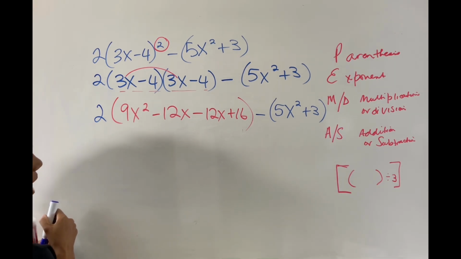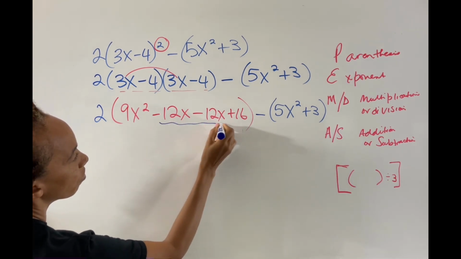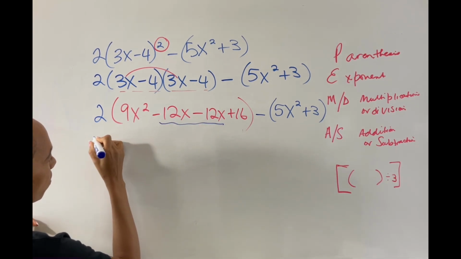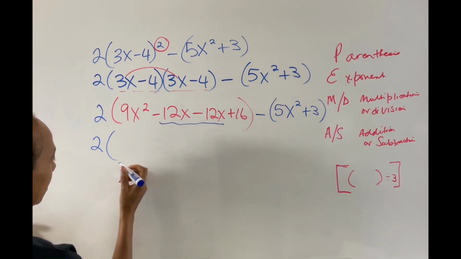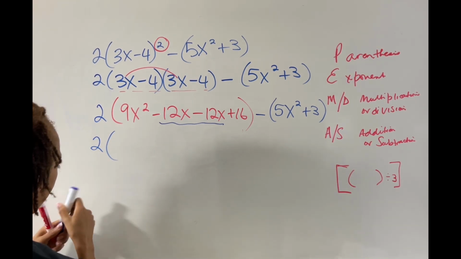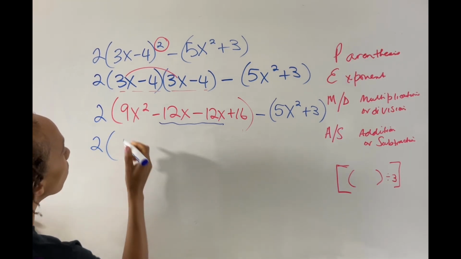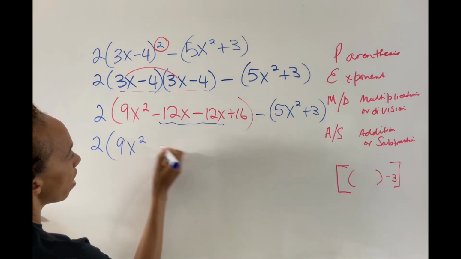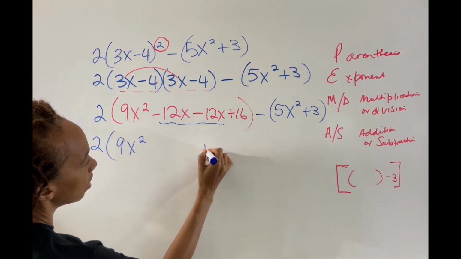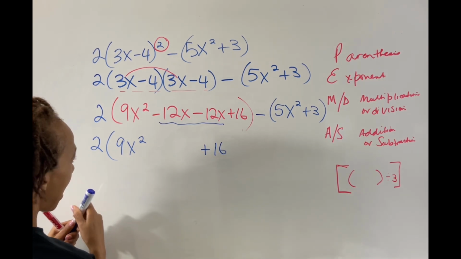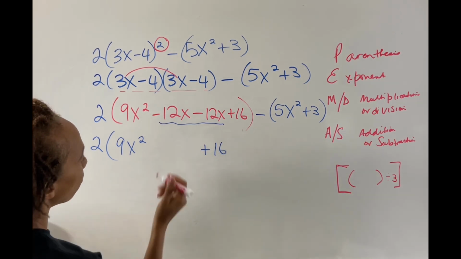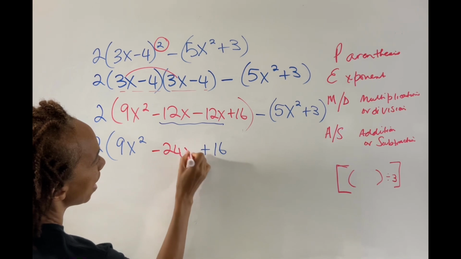When we combine our like terms here, we will have 2 open parentheses, and I'm going to put what we have in here: 9x squared. We will have our 16, and inside of this we will have negative 24x.